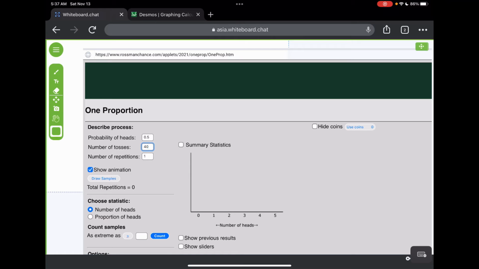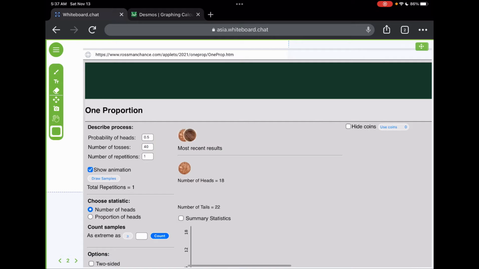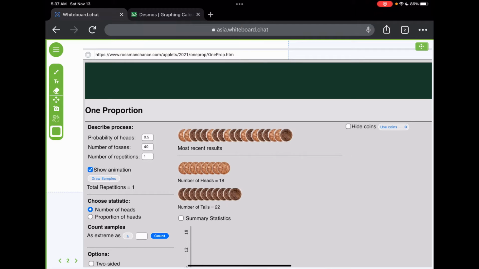Alright, and let's do it. I did this just to show you that they're flipping the coins. The first 2 there would be heads, the next 3 would be tails, and then we're given our total of heads and tails here. It shows 18 heads and 22 tails.